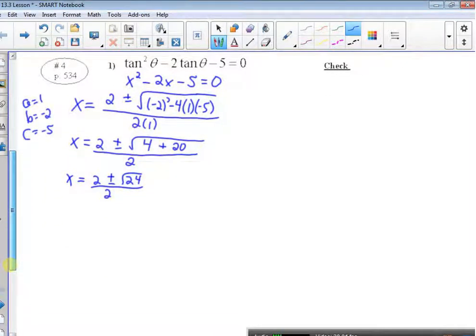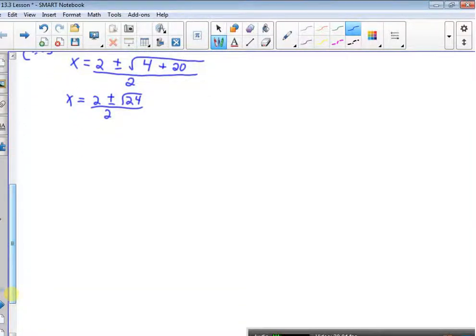So now I'm going to take and divide that into two equations. One is going to be 2 plus radical 24 all over 2. And the other one is 2 minus radical 24 all over 2.